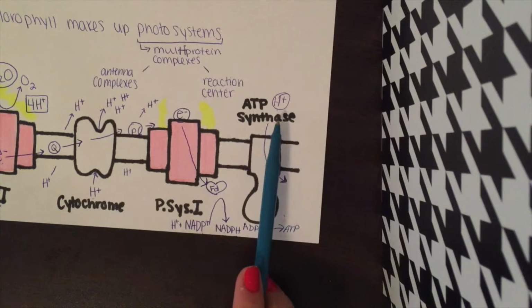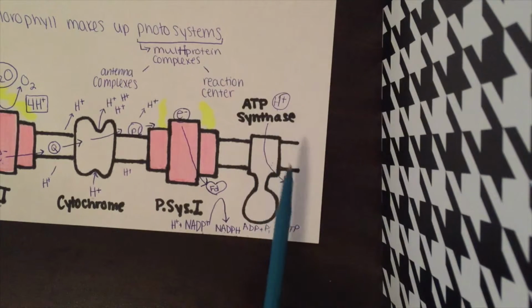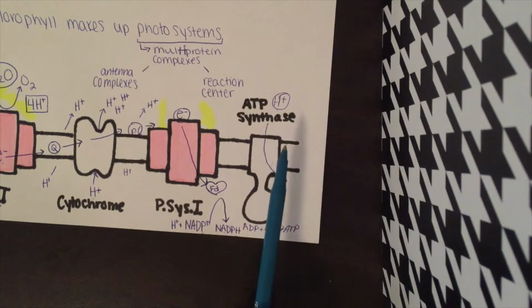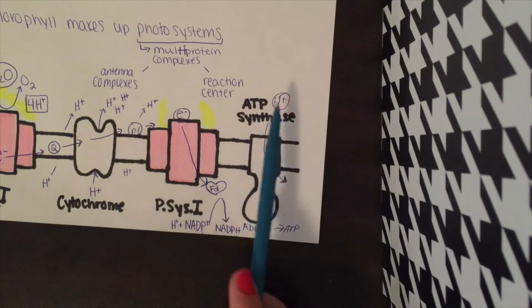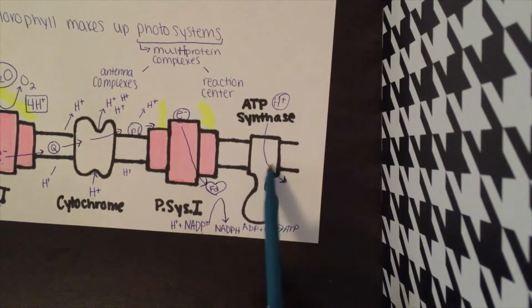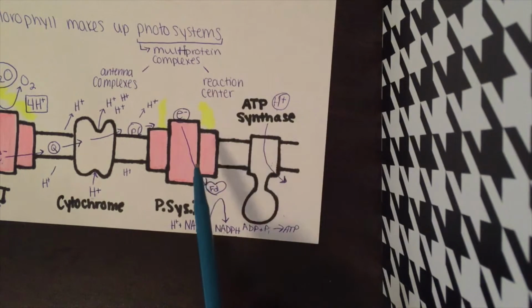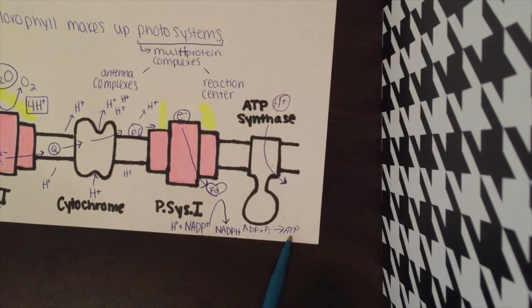What the ATP synthase does is it allows the hydrogens to come back and return to equilibrium. As they move through this upper part, the hydrogens spin sort of a wheel in the ATP synthase. It spins and spins and creates energy, and the energy allows ADP to be combined with an inorganic phosphate group to become ATP.